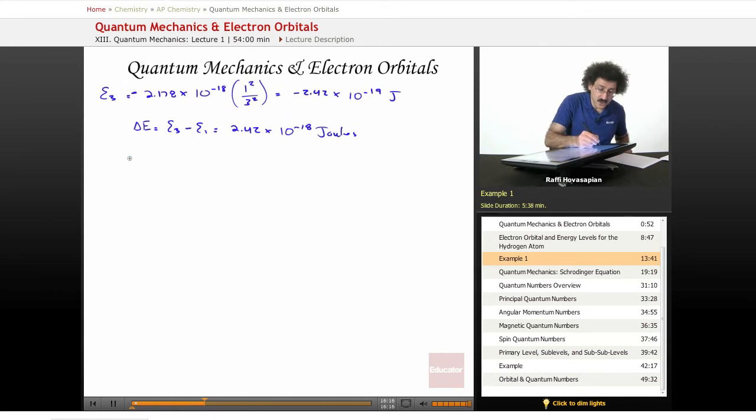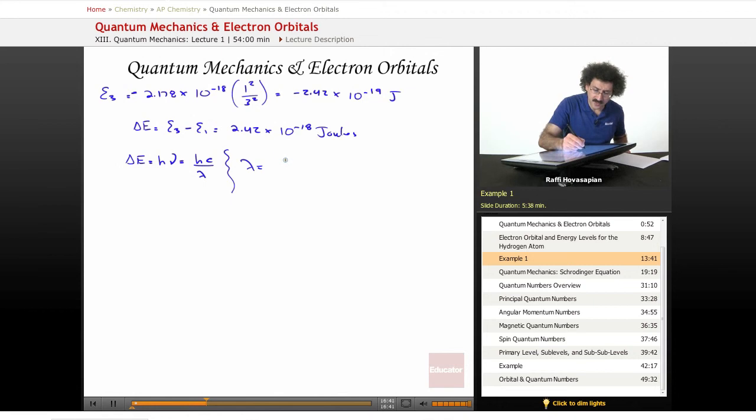Now we want the change in energy. Well, we also know that the change in energy is equal to Planck's constant times the frequency of the light, which is equal to Planck's constant times the speed of light over lambda. And I'm sorry, we said we're looking for the wavelength.